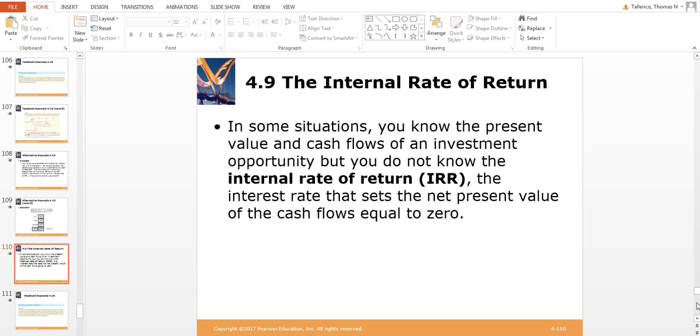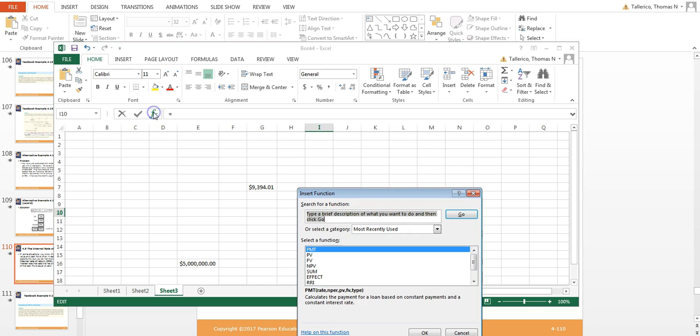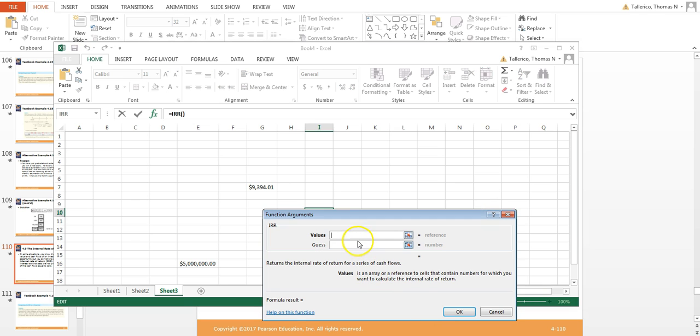I'll say more about that when we meet. Again, this will be built into Microsoft Excel, so let me briefly show you that we won't have to worry about that either. I'll type IRR and say go, and there it is right there. You can see we'll plug into 2 boxes. That'll be it.